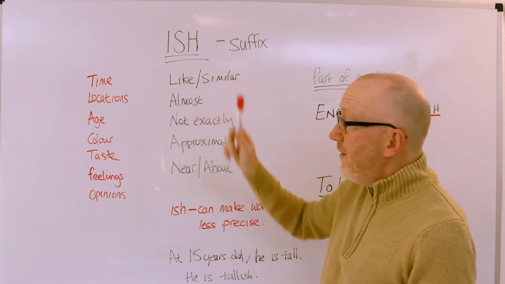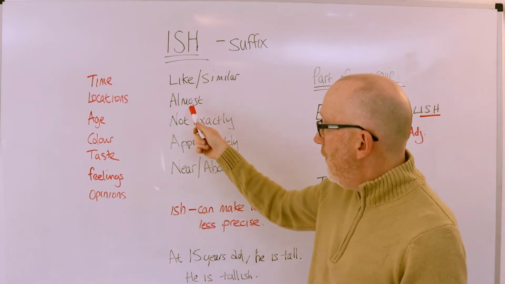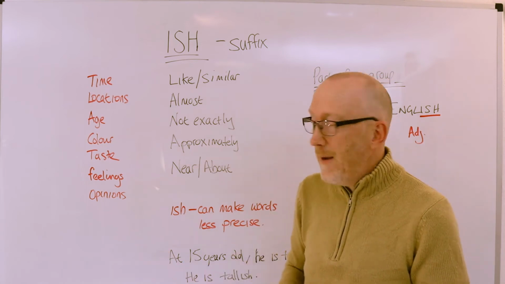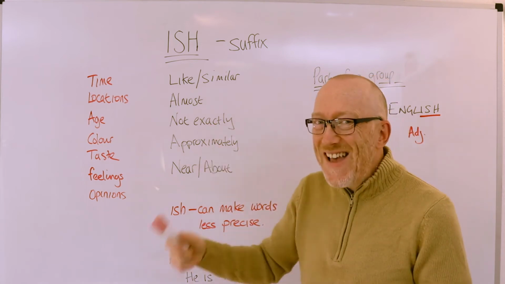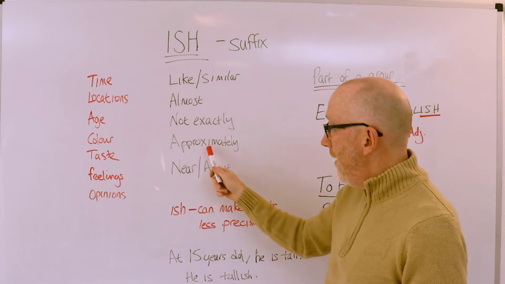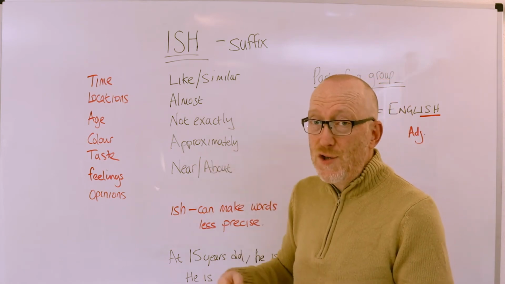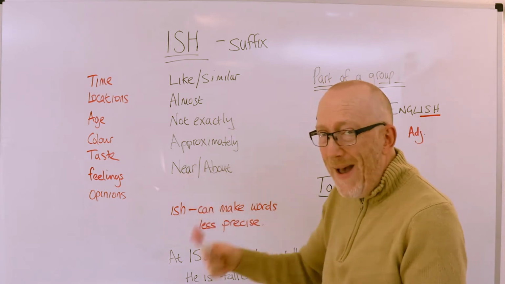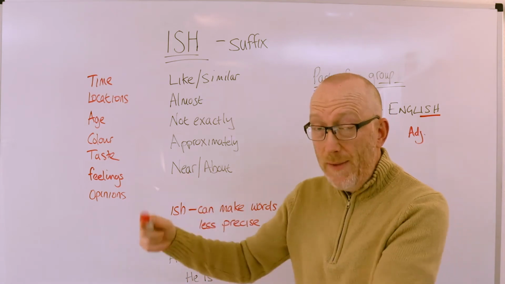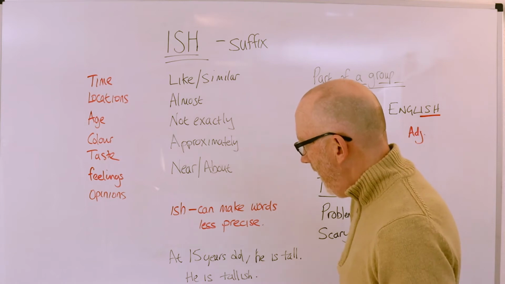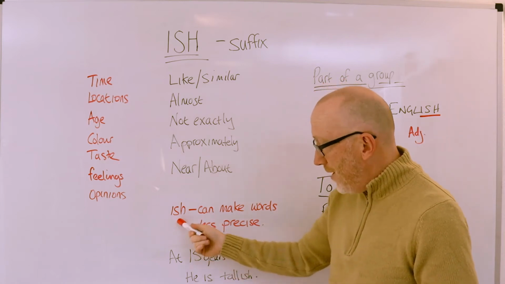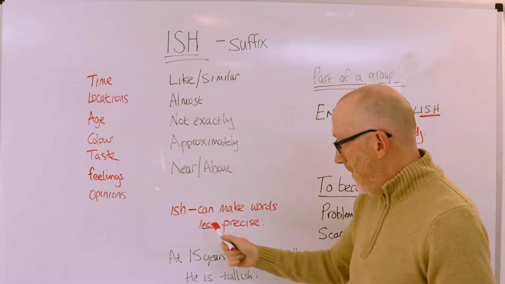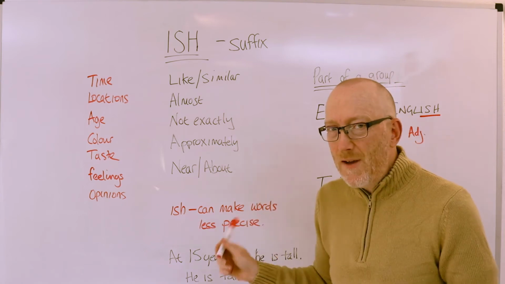Something that is like or similar to another thing. Something that is almost another thing. Something that is not exactly another thing. Something that is approximate to something else, or whether you are talking about being near or about something else. Now, we can also use ish to make words less precise.